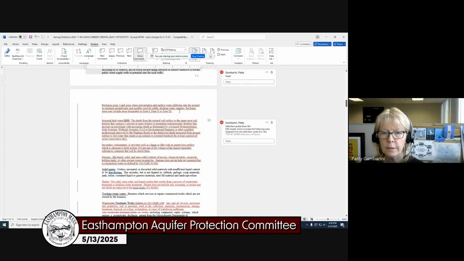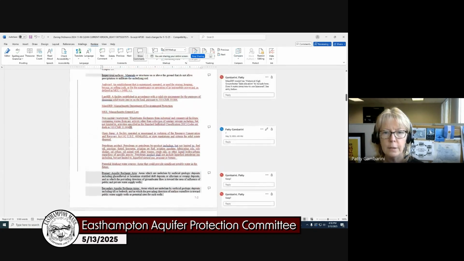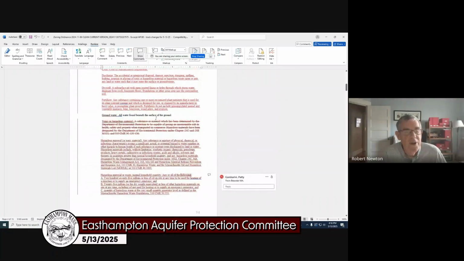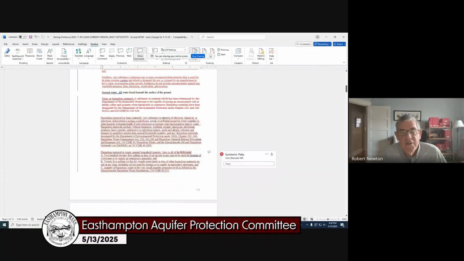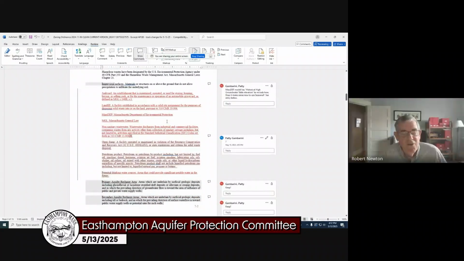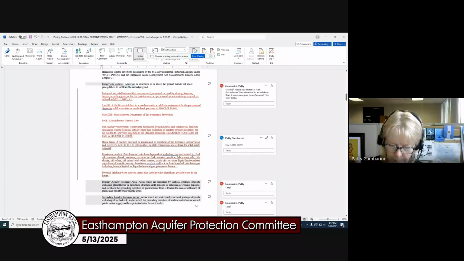Recharge areas. Now, we don't have a delineated Zone 3, so we might want to think about that if we want to keep it. The sole source aquifer has a Zone 3, right? I think the boundaries of that cover it.